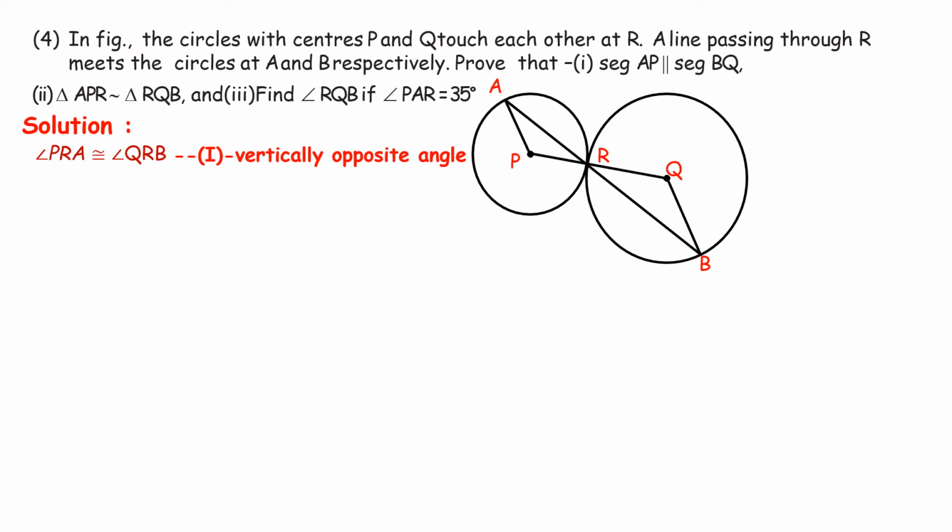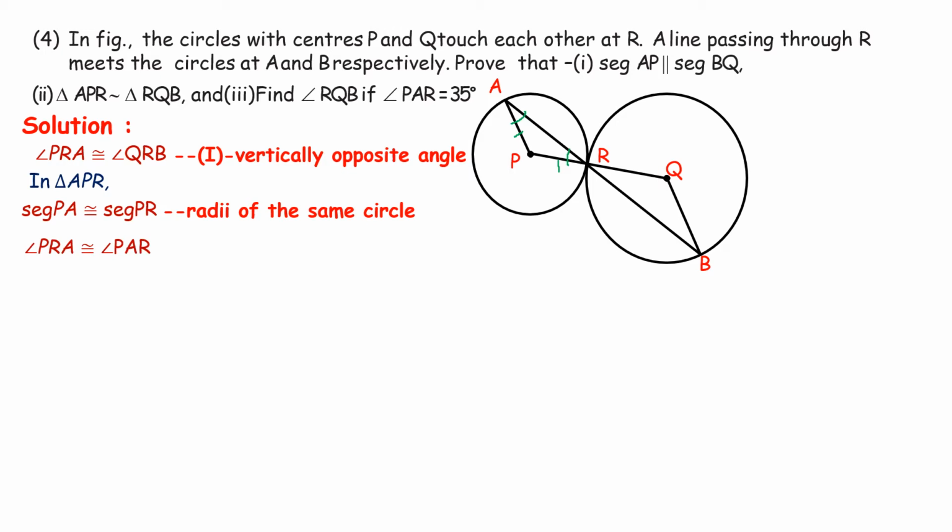So write down the statements. In triangle APR, segment AP congruent to PR, radii of the same circle. Therefore, angle PRA is congruent to angle PAR. This is statement number 2, isosceles triangle theorem.